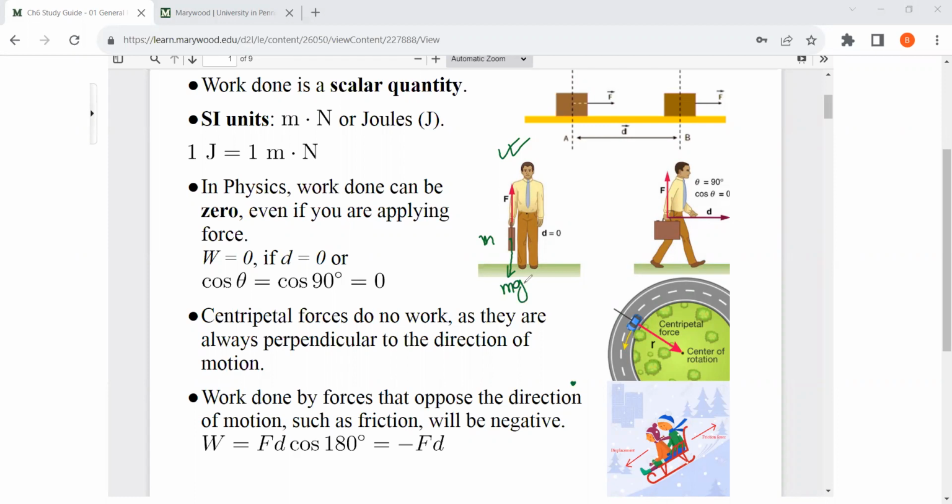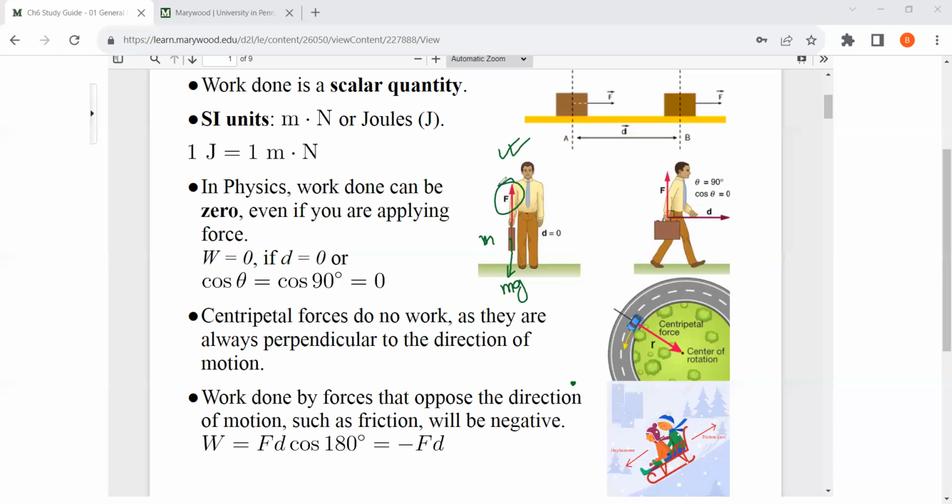Because you are holding it, you are applying some force F upward against gravity. If you don't apply this force, it will not stay in your hand. Because it is stationary in your hand, you are applying a force upward, since gravity is downward.